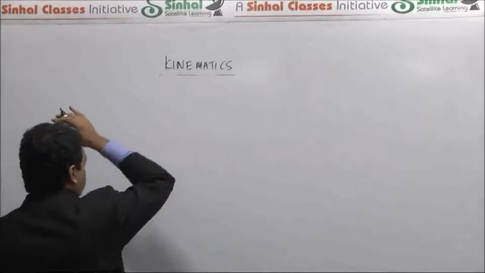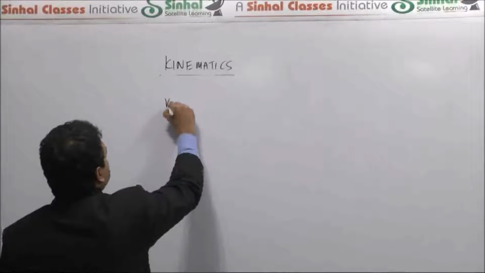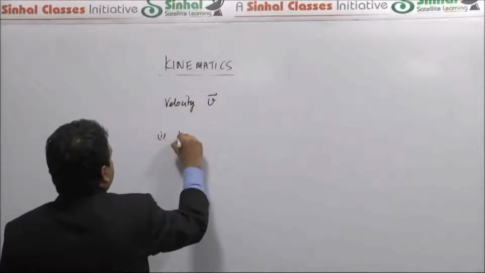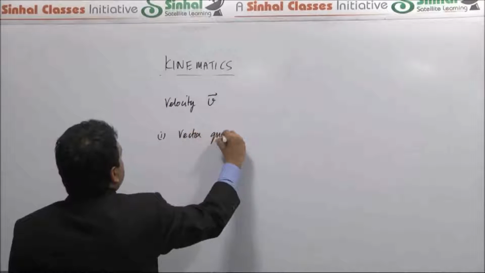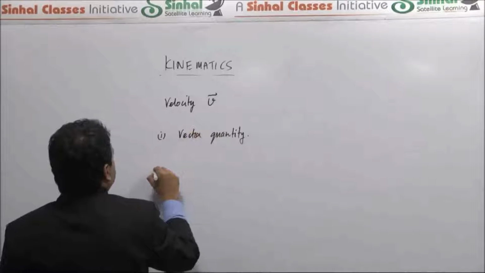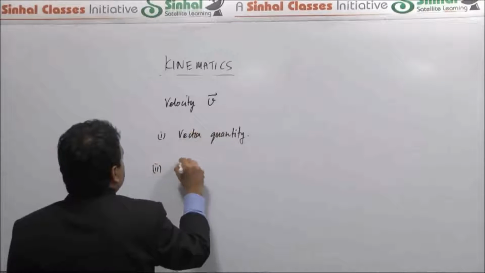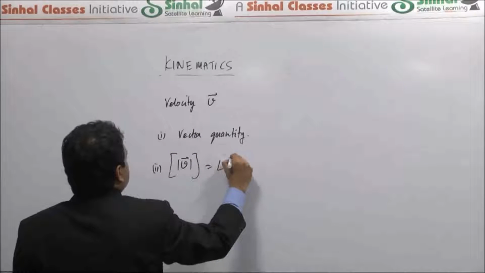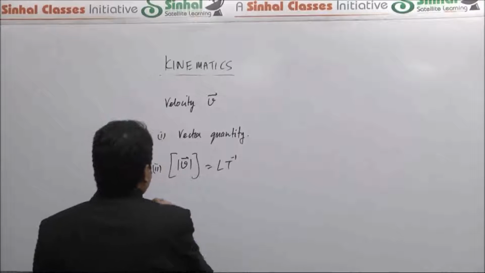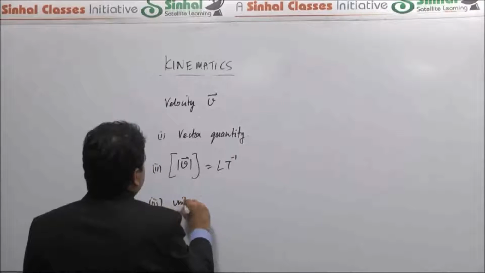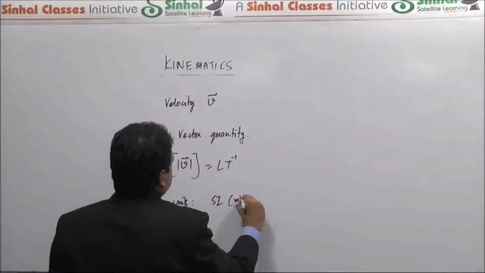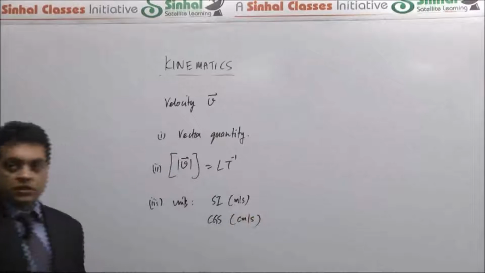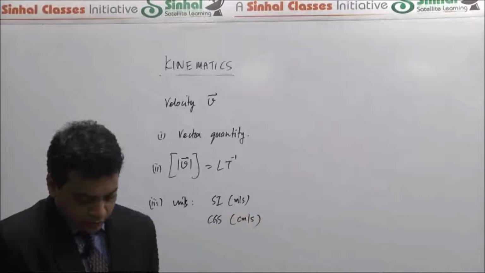Now likewise, velocity is a vector quantity. Secondly, these are the units, etc., of velocity.